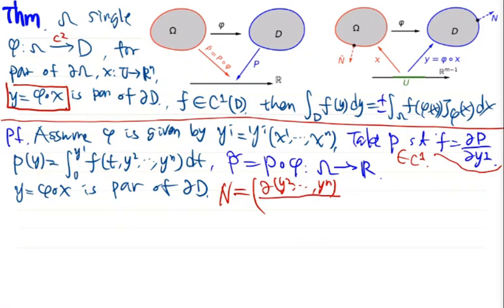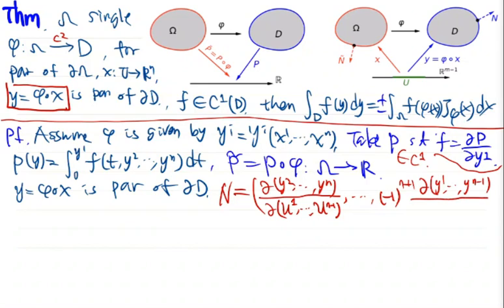We have computed the normal vector for a parametric surface in our study of differential calculus. This is the normal vector of the boundary of D given by the parametrization y. So this is the normal vector.